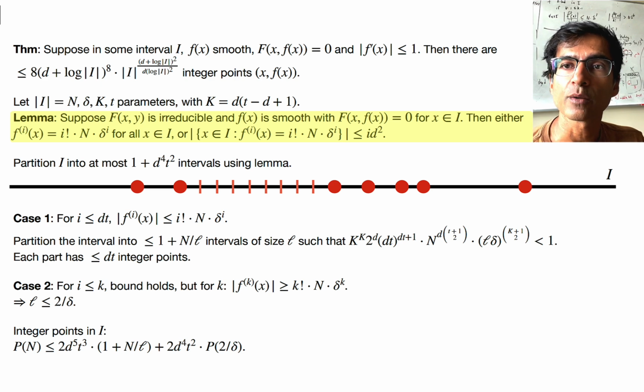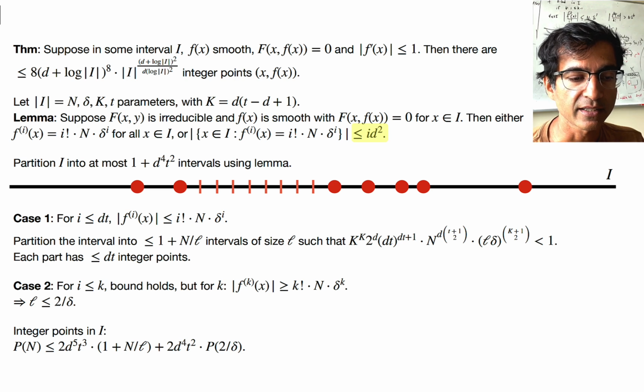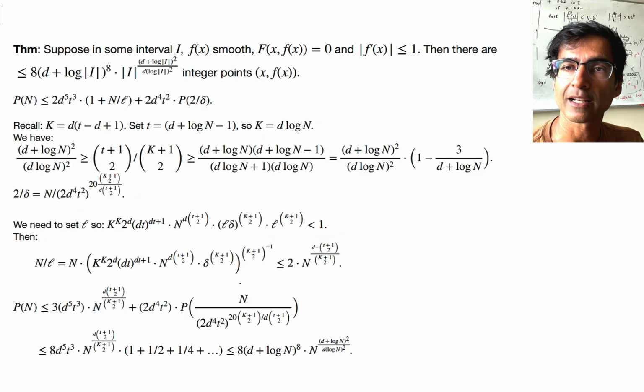And then we again want to control the number of times that the derivative of little f takes on this value. And this time we get a slightly weaker bound. We get a bound of i times d squared for the ith derivative. So that's what gives you a slightly different bound overall, but otherwise the calculations are more or less the same.